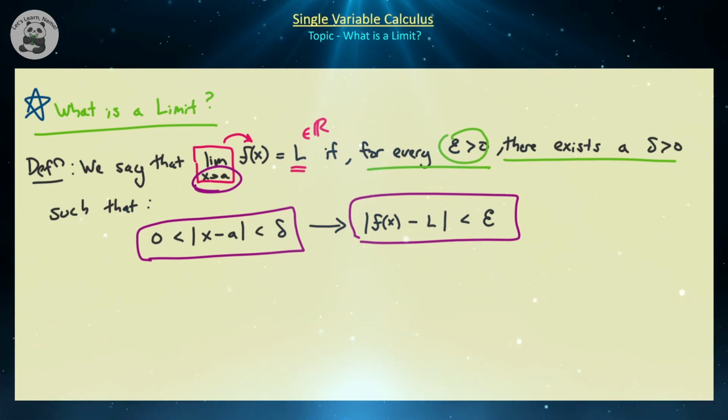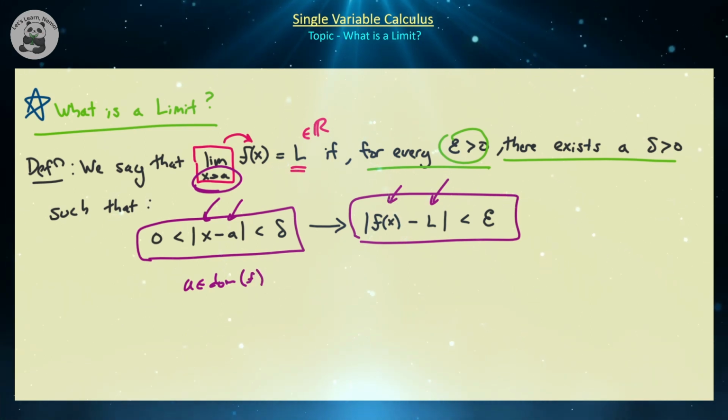So when we ask, what is the limit of a function, since by this definition we're comparing the x values and the a, which should belong to the domain of that function f, then L is going to be compared to the range of the function of interest. So for every epsilon, there exists a delta.